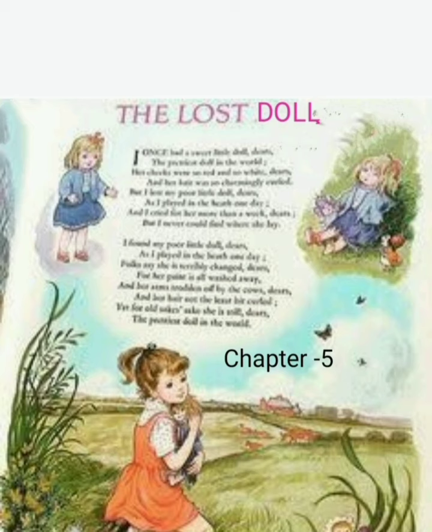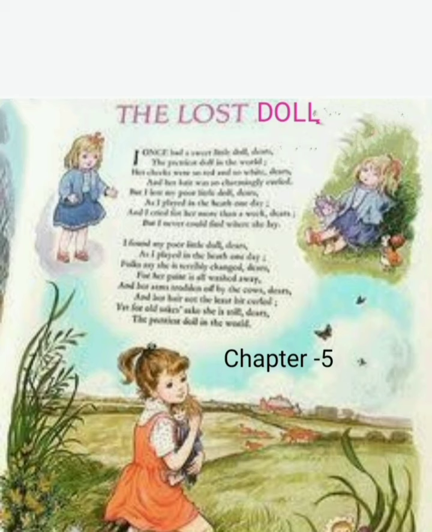If it had beautiful curly hair in the beginning, if you leave it too long outside, what happens? The hair also becomes what? It does not become curly and pretty anymore, right? So this is what happened to the lost doll.